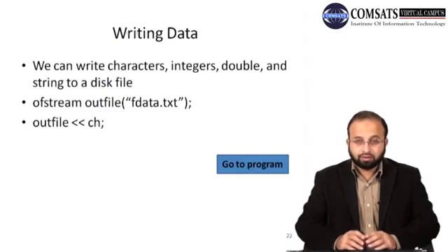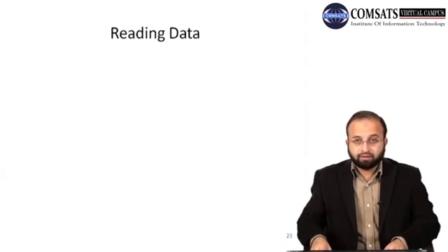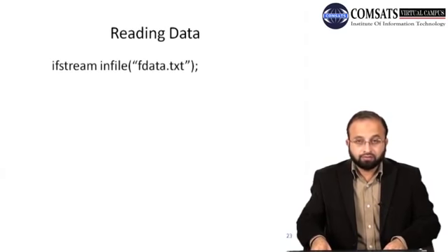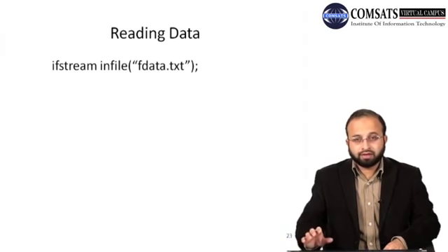Okay, so that is how we can perform a write operation in a formatted file. ठीक है, जिसमें तमाम के तमाम चीज़ों को as a integer treat किया जाता है, whether they are characters, integers, double, float or strings. Reading data from a file. So for that we have to create an object of ifstream. The name of that object is infile. जिस name से मर्जी बनाना चाहे बना सकते हैं, and we associate that object with the fdata.txt file, the same file जिसमें हमने previously data write किया था.